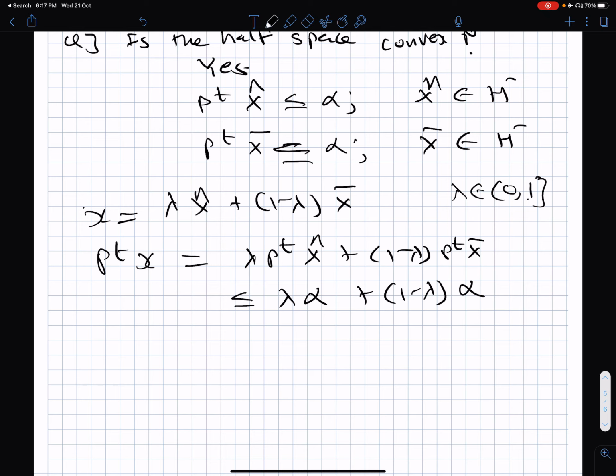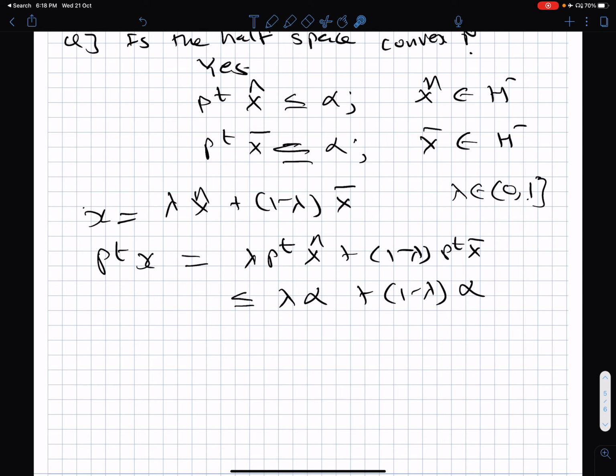So when I changed this equality to an inequality, multiple things happened which helped me. The first thing is that p transpose x hat is less than or equal to alpha. The second is that p transpose x bar is also less than or equal to alpha. Because both of them were less than or equal to alpha, I could replace this with less than or equal to.